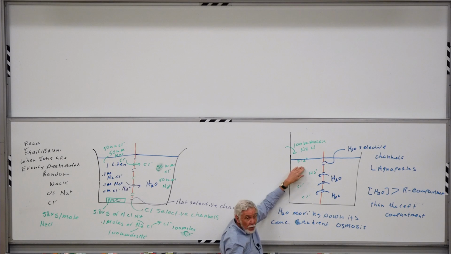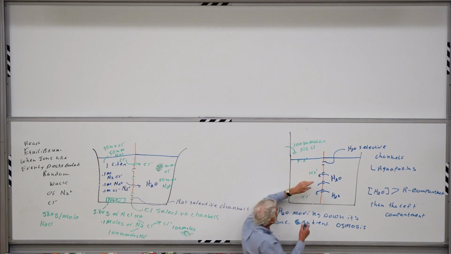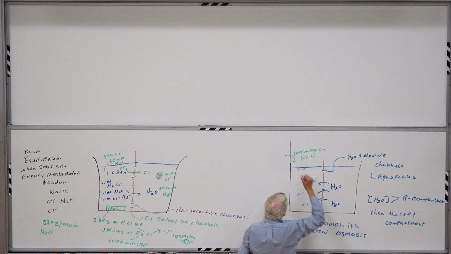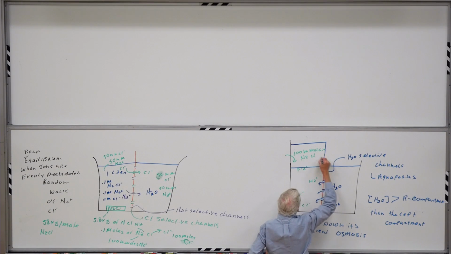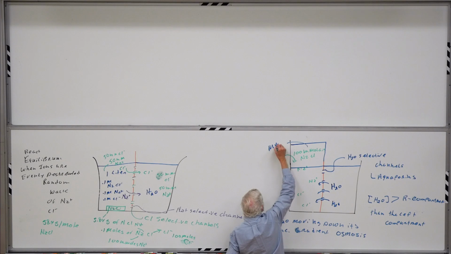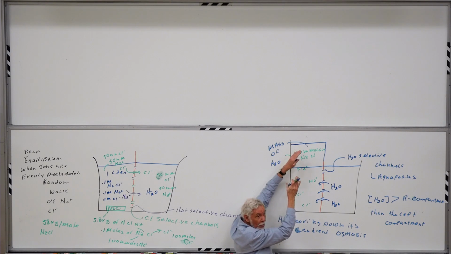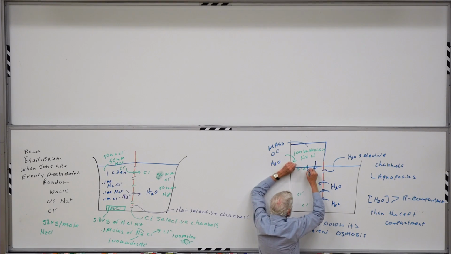But there's only so far you can go, because what happens is you get a column of water such that this column of water has mass. So eventually you get such a height of a water column that there's a downward force here.